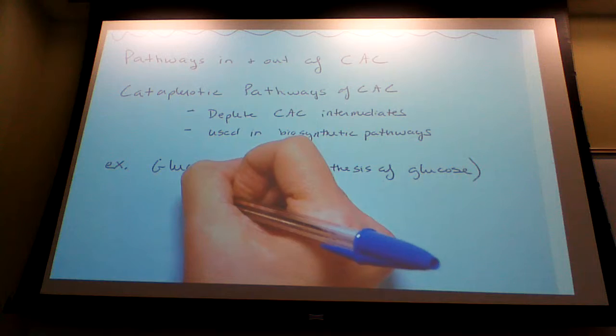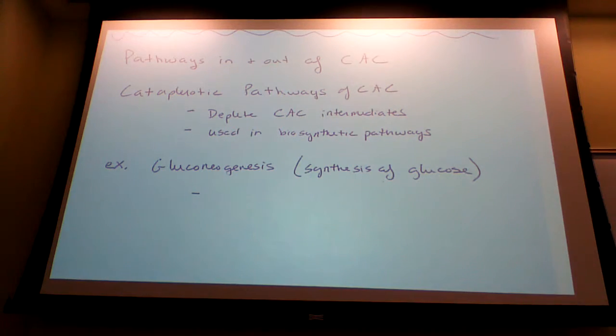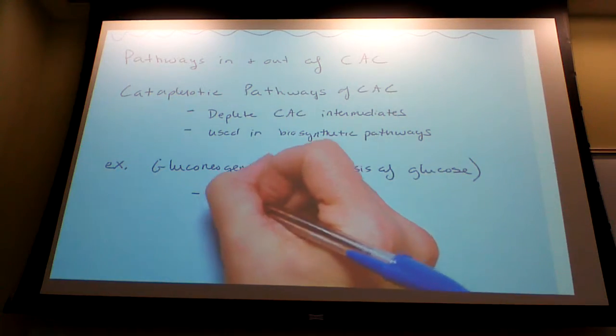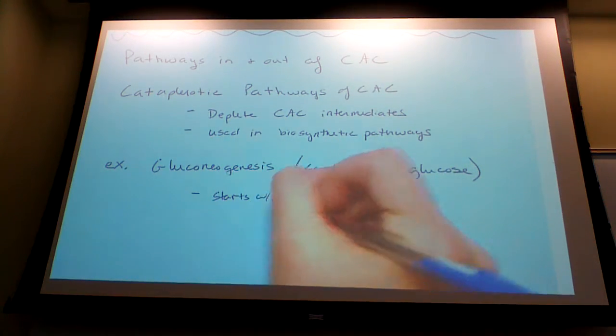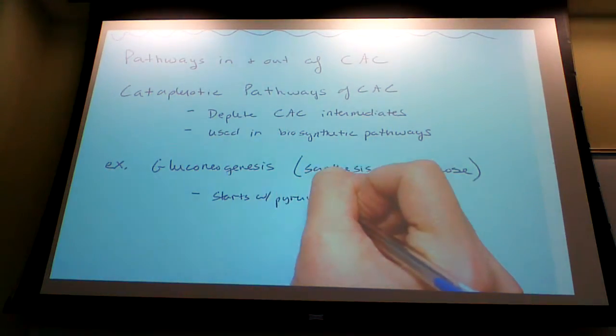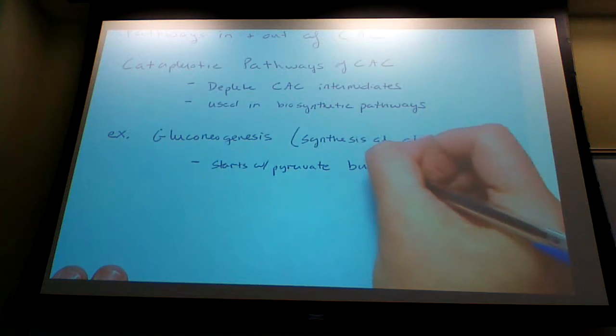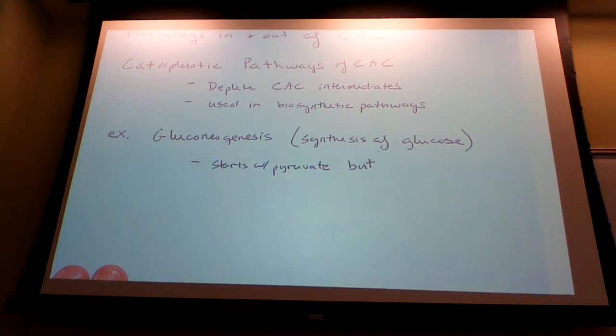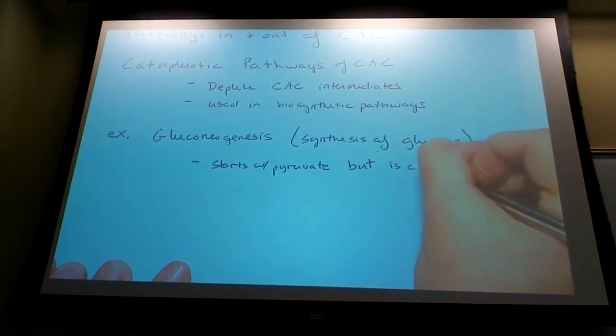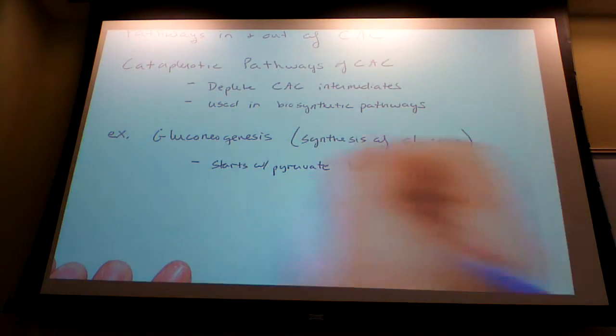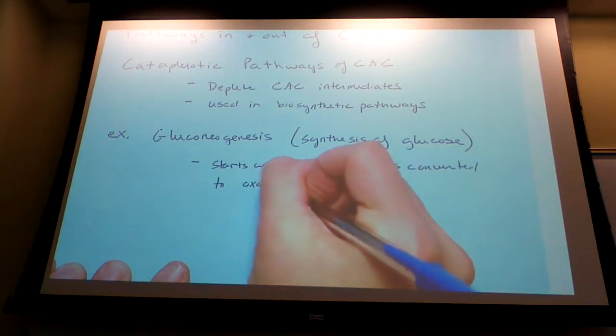What were we turning into glucose? What's the start of that pathway? Pyruvate. So this starts with pyruvate, which is not a citric acid cycle intermediate, but what is pyruvate turned into in gluconeogenesis? Oxaloacetate. But it is converted to oxaloacetate.